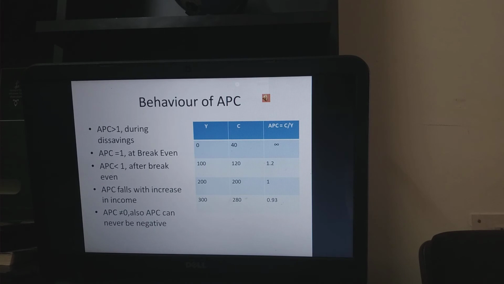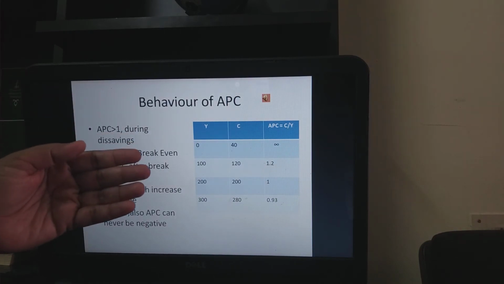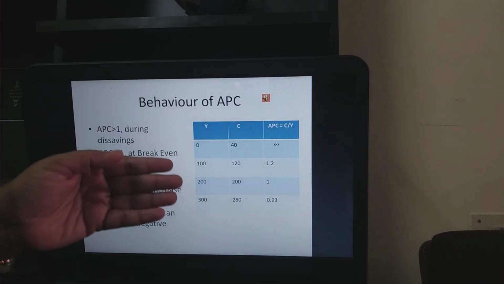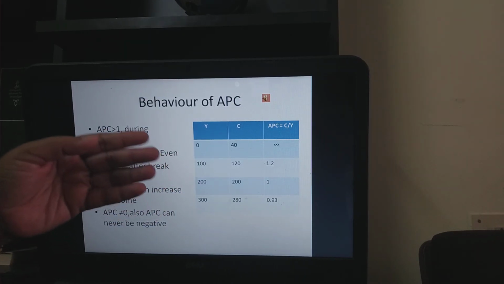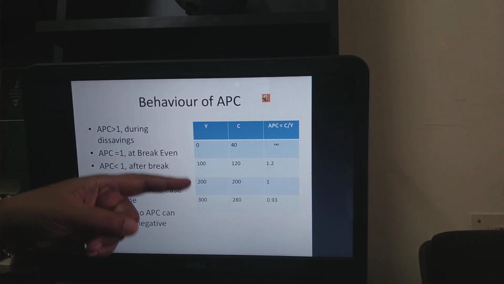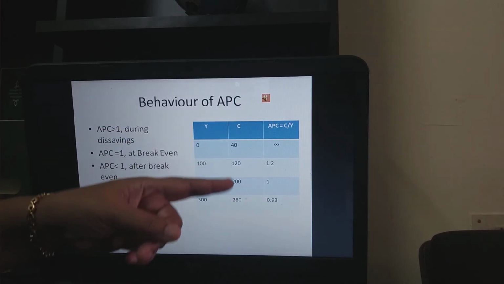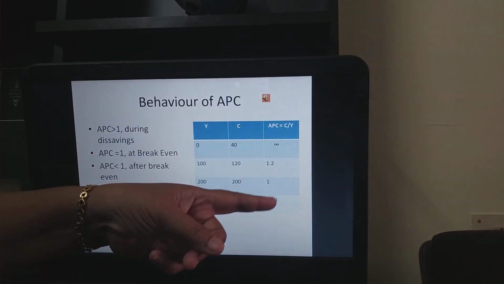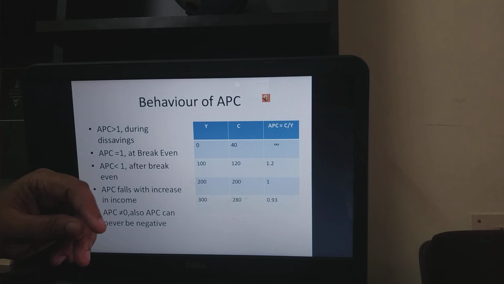Now, what do you have to understand through a table about the APC? This is the behavior of the average propensity to consume. The table represents income and consumption, and APC is calculated there. APC is C by Y, or the ratio of consumption expenditure to the specific level of income.